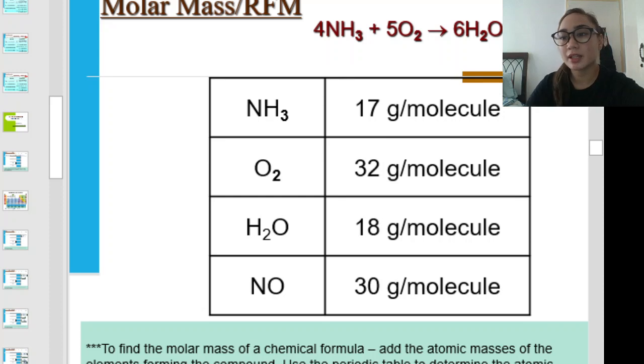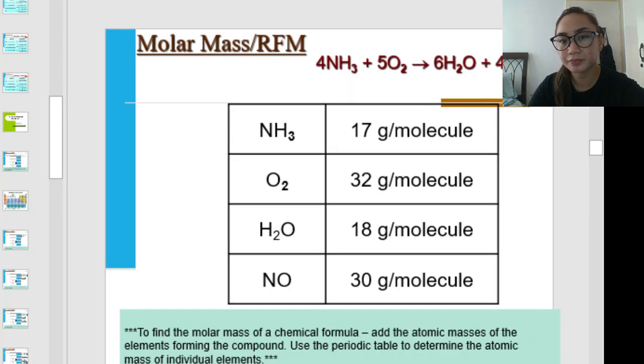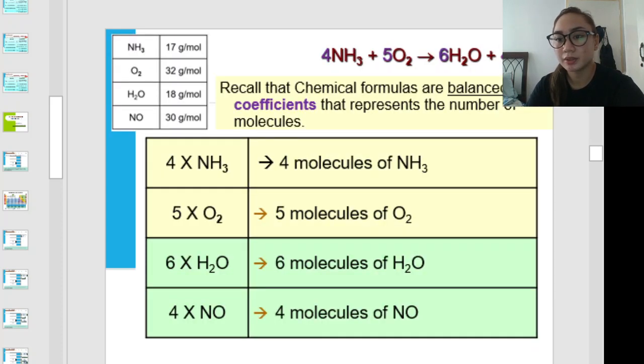So we have NH3. Ang molar mass niya is 17 grams per molecule. And then si oxygen is 32 grams per molecule. Okay. And ang water natin is 18 grams per molecule. And NO natin is 30 grams per molecule.